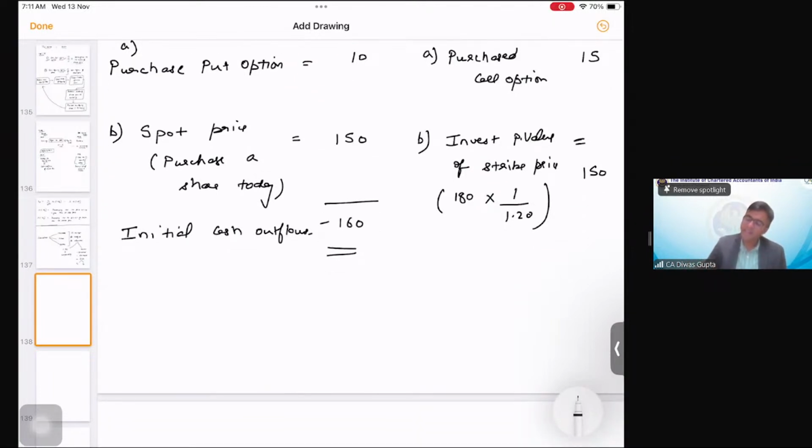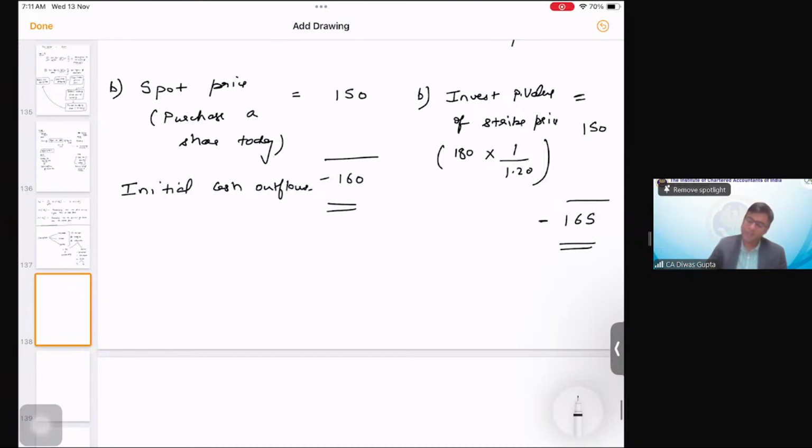In totality, 150 for investing the present value of strike price today, and 15 for purchasing a call option. It becomes 165. Okay, this also becomes the initial cash outflow.